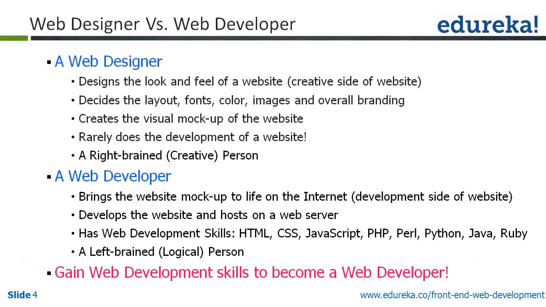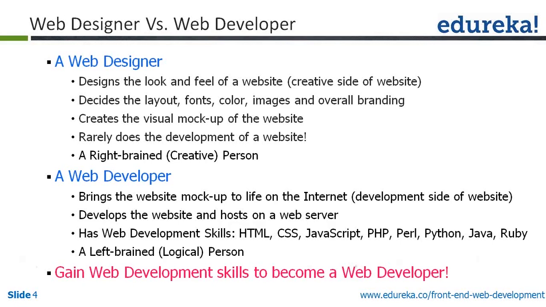For doing web development, the web developer needs skills like HTML, basically scripting or programming in HTML, CSS, JavaScript, PHP, Perl, Python, Java, Ruby, and a few others. As I said, the web designer is a right brain person, whereas the web developer is a left brain person.